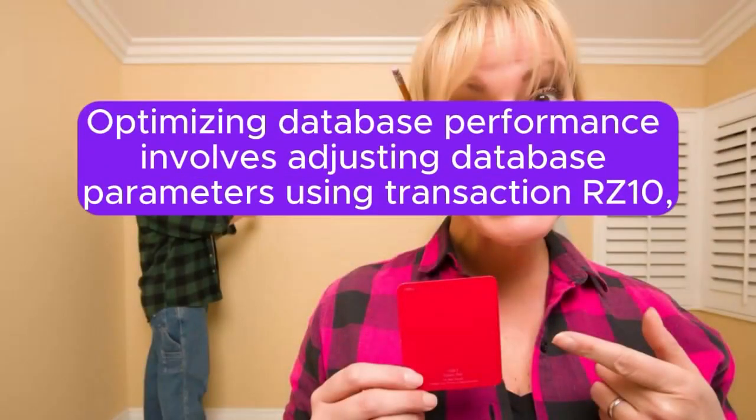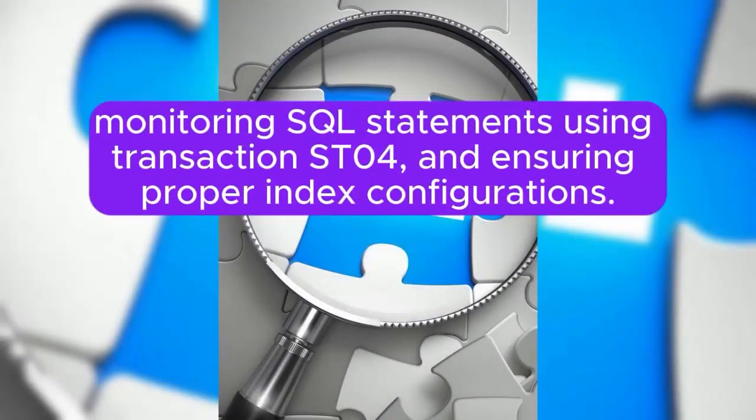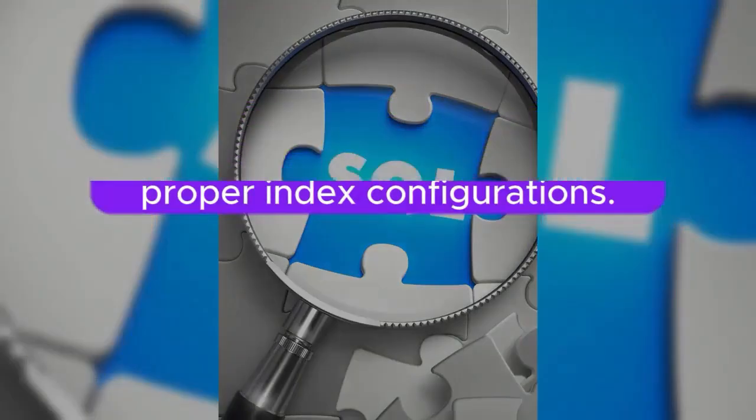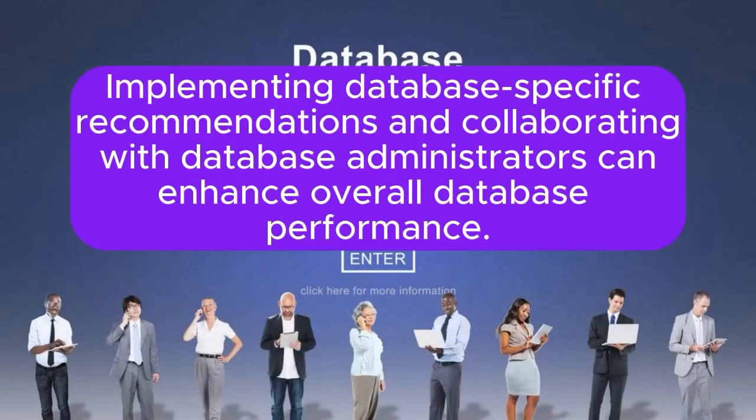Optimizing database performance involves adjusting database parameters using transaction RZ10, monitoring SQL statements using transaction ST04, and ensuring proper index configurations. Implementing database-specific recommendations and collaborating with database administrators can enhance overall database performance.